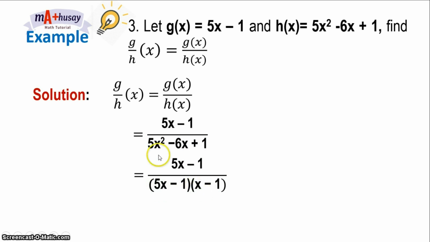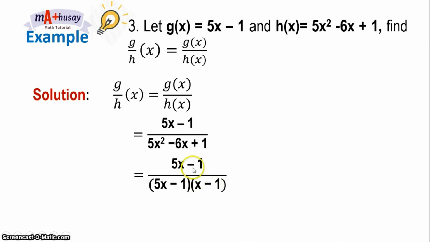Double check natin ang factors natin. 5x times x is 5x squared. Check. 5x times negative 1, negative 5x. Negative 1 times x, negative x. So, nagiging negative 6x na. So, negative 1 times negative 1, that's positive 1. So, tama na yung factor natin.